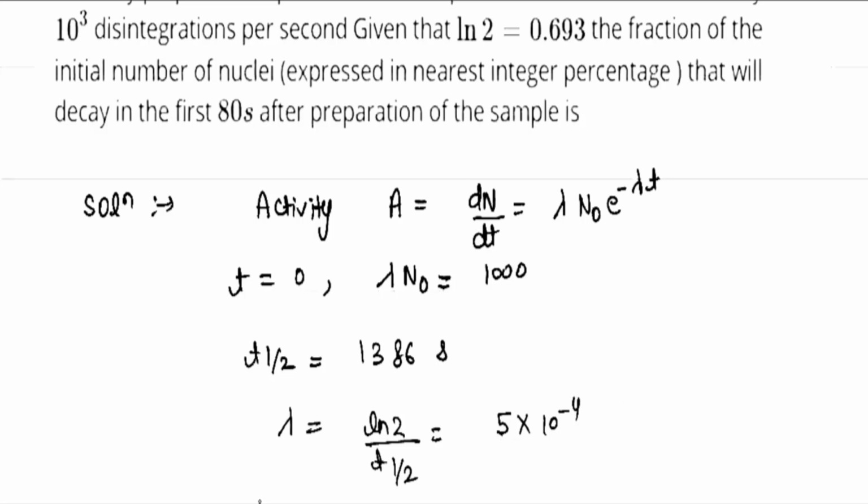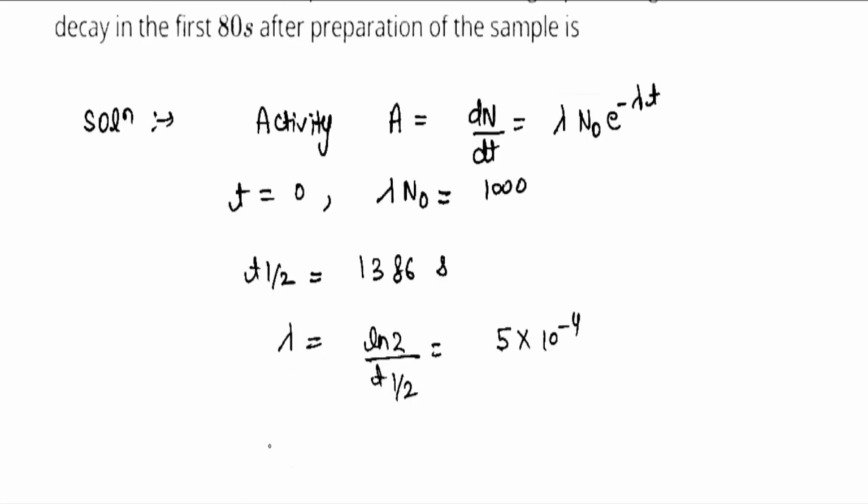and we have N(t), the radioactive sample at time t, divided by N naught, the initial radioactive sample at time t equals 0, equals e power minus lambda t.